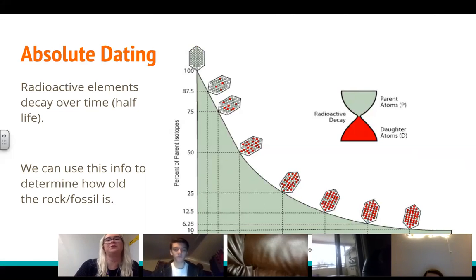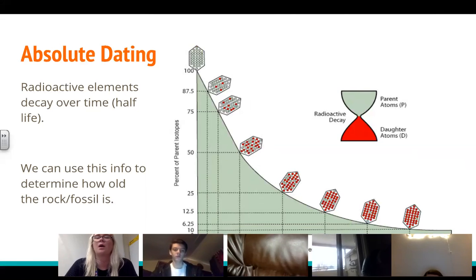And different elements have different half-lives, right? But we know them. So for example, if we find carbon and we find out that 50% of it has decayed, right, or become radioactive, then we would know, okay, the half-life of carbon is, you know, I'm making this up, 200 years. So it's been 100 years since this carbon was in this rock.